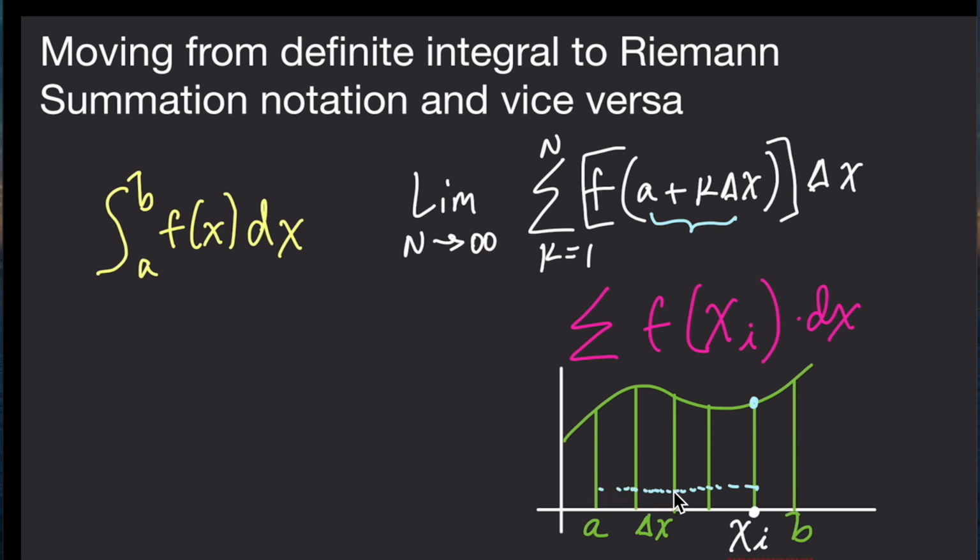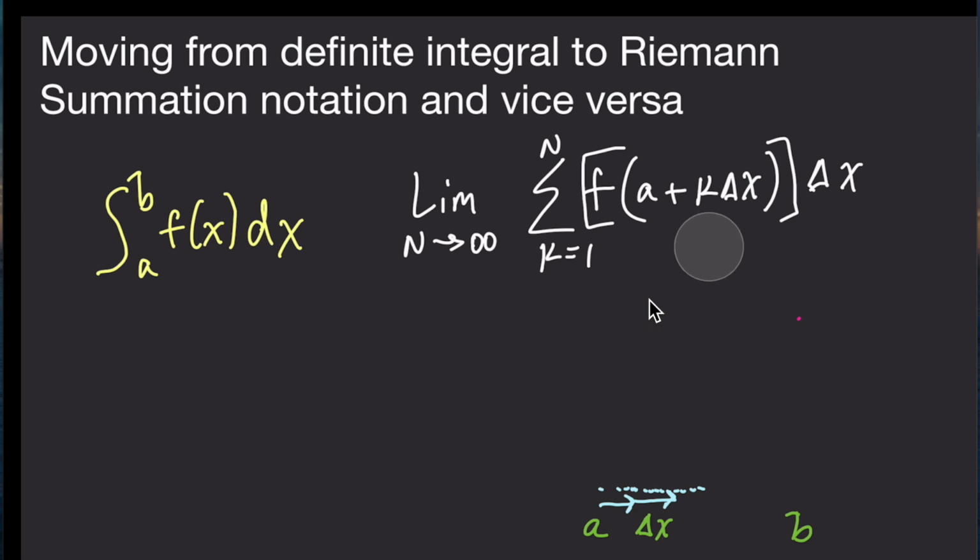And this is going to change based on how many delta x's you are moving from the starting point, which is a. So if you move k delta x's away from the a, you will be at this x value. But throughout the video, we're going to be using this white notation, and I'm going to be using k rather than i.